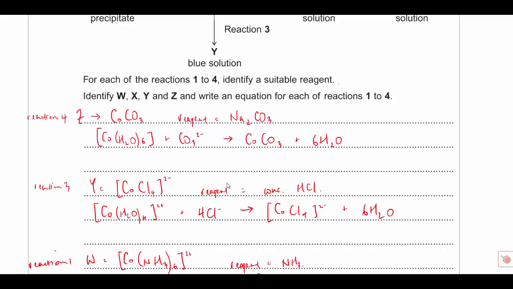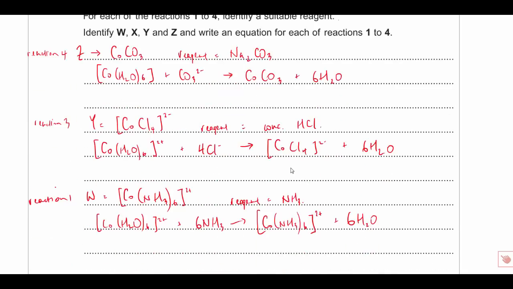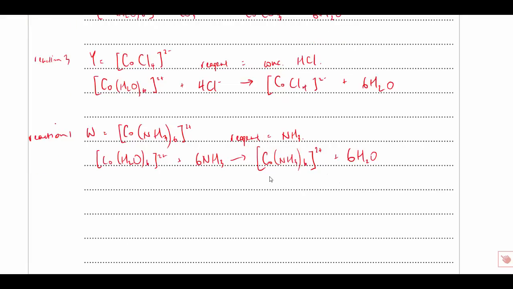And final one, remember, it was the dark brown solution, so it's the oxidation one. So our X, it's going to be Co, same as before, but with the different charge. Reagent, I'll go for the hydrogen peroxide.